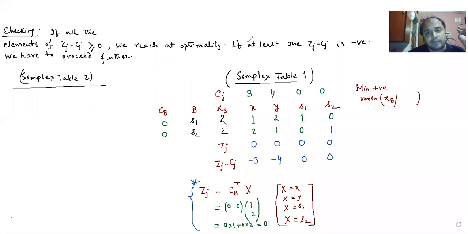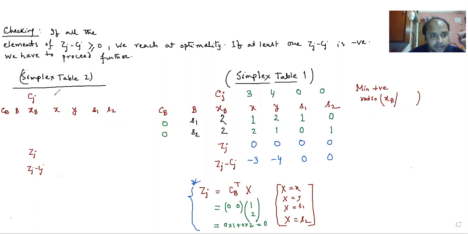And as usual, I'm going to draw the format first of all. So first of all, I'm going to write Cj just as I did earlier, XB, CB, capital B. Now you know the meanings of this: X, Y, S1, S2. And below that, I'm going to write Zj and Zj minus Cj.